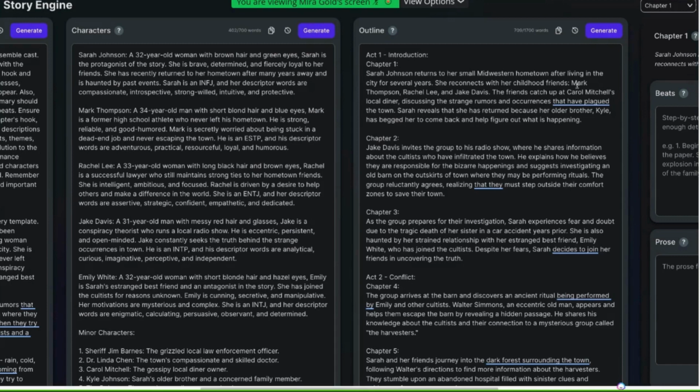If good-humored was the very last thing in your style box and you're describing him, then he's going to have some good-humored conversation. If you are using something like reliable or adventurous, so if you put adventurous in there, he may want to go through the forest and he's just amazed by everything.